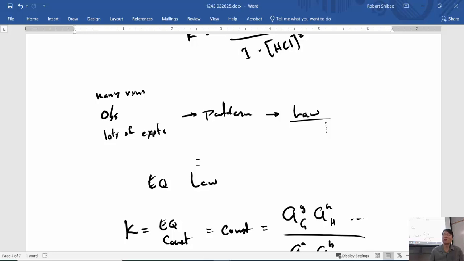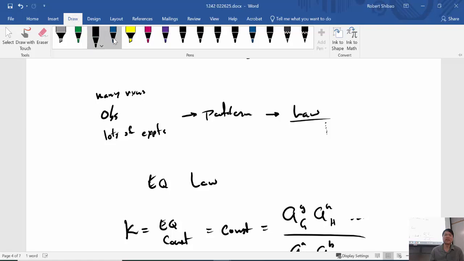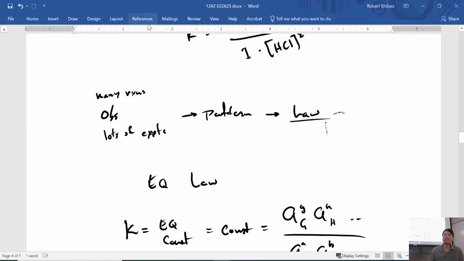Is there a reason why we square it? And so we want a more fundamental description of what's going on. Although we could leave it at this, in fact, we're going to leave it at this for chapters 16, 17, 18, because all we need is the law, and we can use the law to predict things.